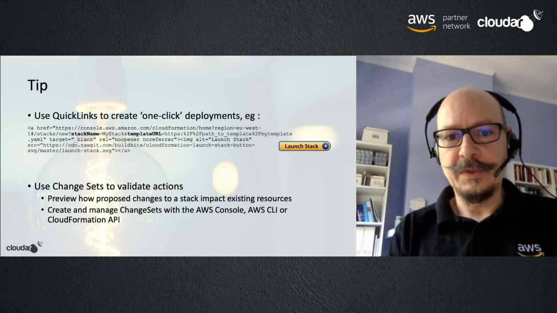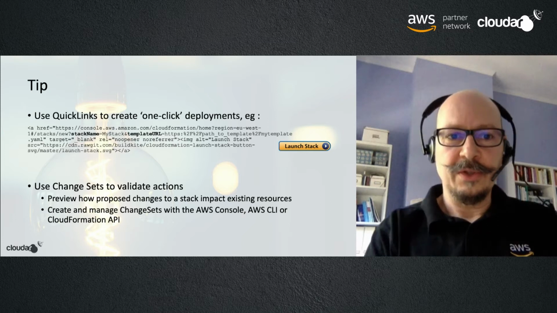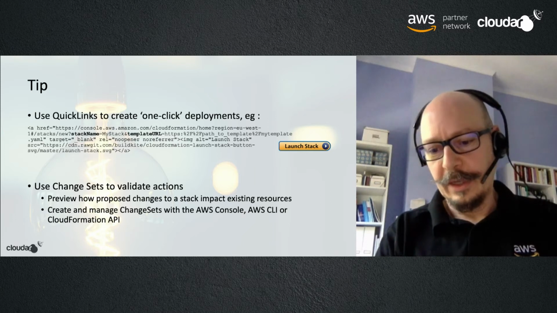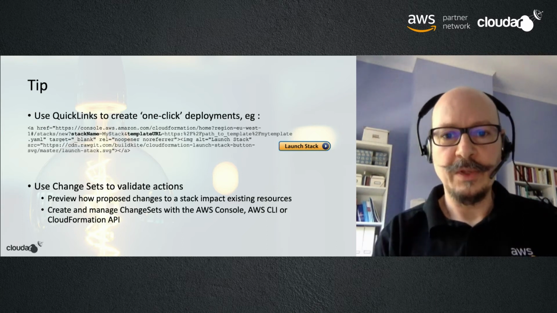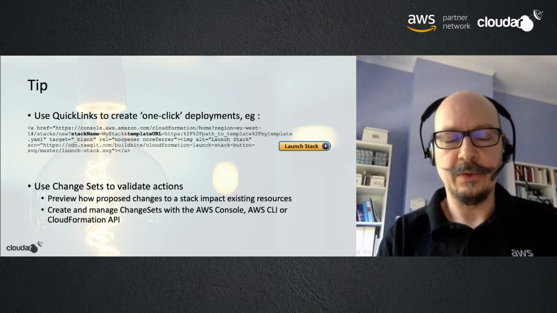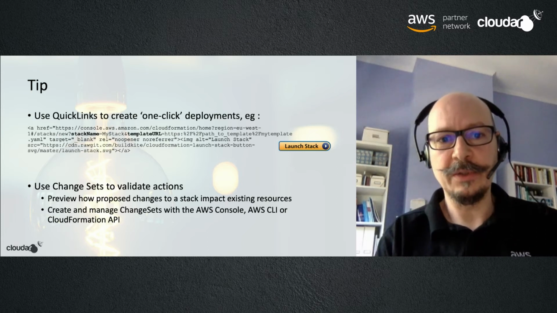The second tip is to make sure that you really use change sets to validate what CloudFormation will do once you update your template, so to understand the impact that the changes will have on your stacks.